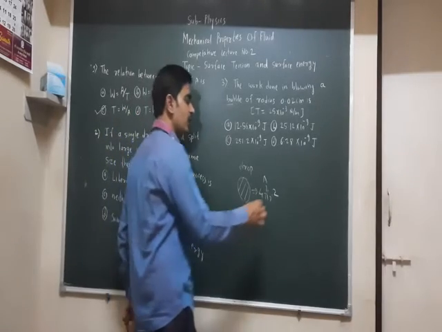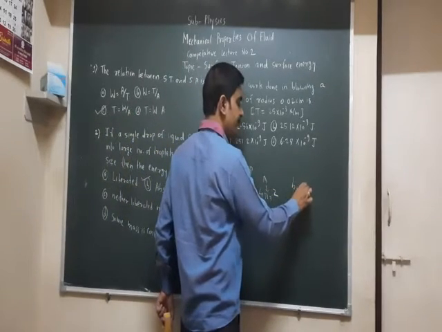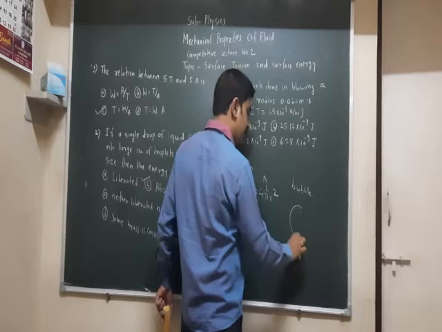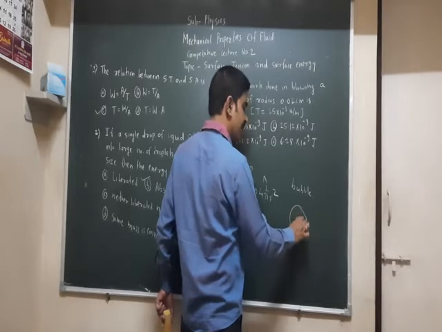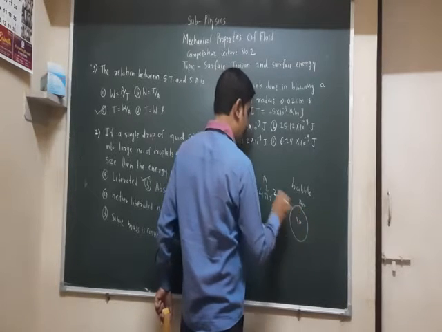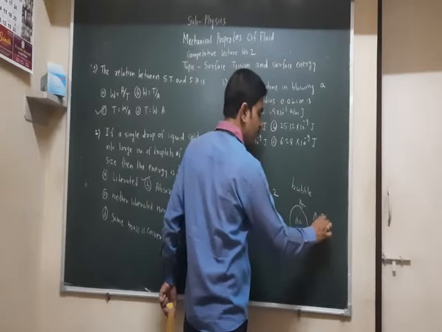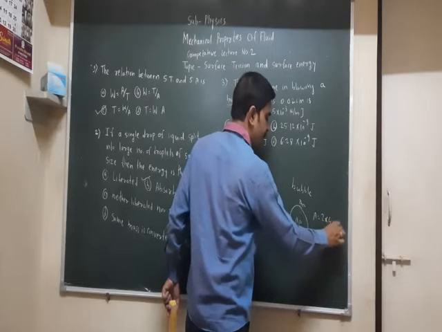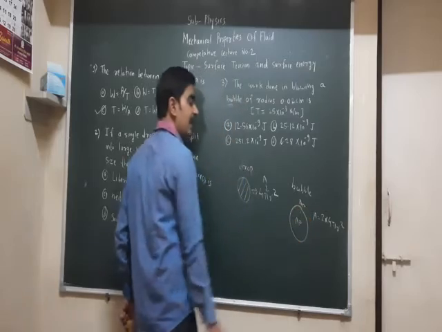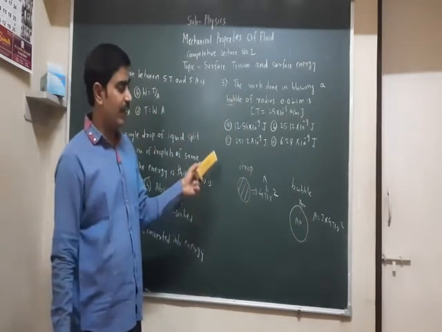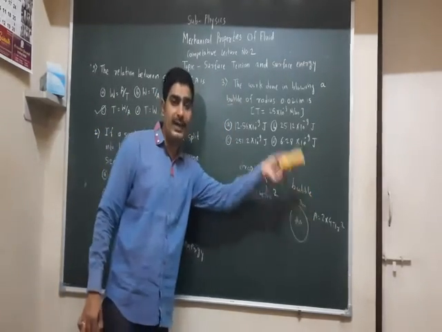Now when the question is for the bubble, in the bubble there are two surfaces in contact with the air. So two surfaces are in contact with the air, and the area should be taken as 2 into 4 pi r square.